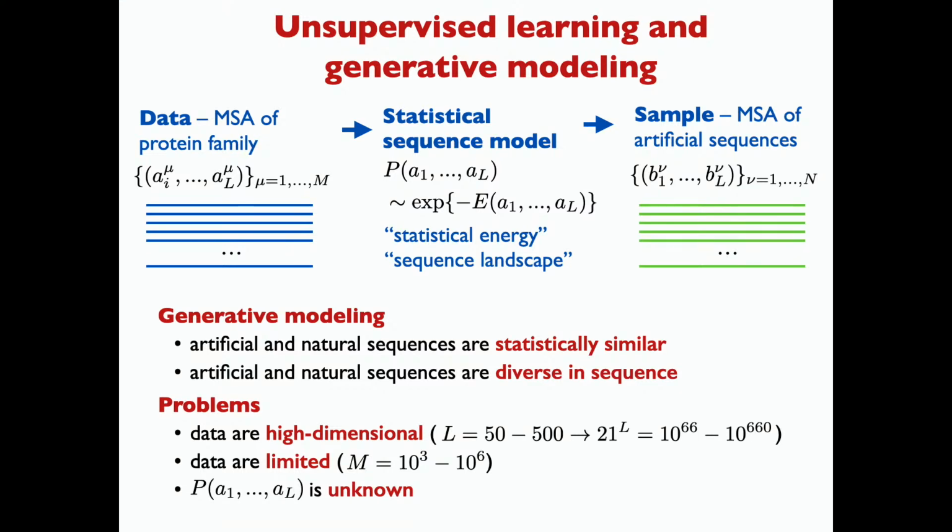Whatever this means is not very well defined. But I'm a physicist who moved to biology, so don't expect me to say anything well defined here. But they should also be diverse in sequence, because I don't want to copy these ones. I want to have other sequences which are as good as the natural sequences, if I can.